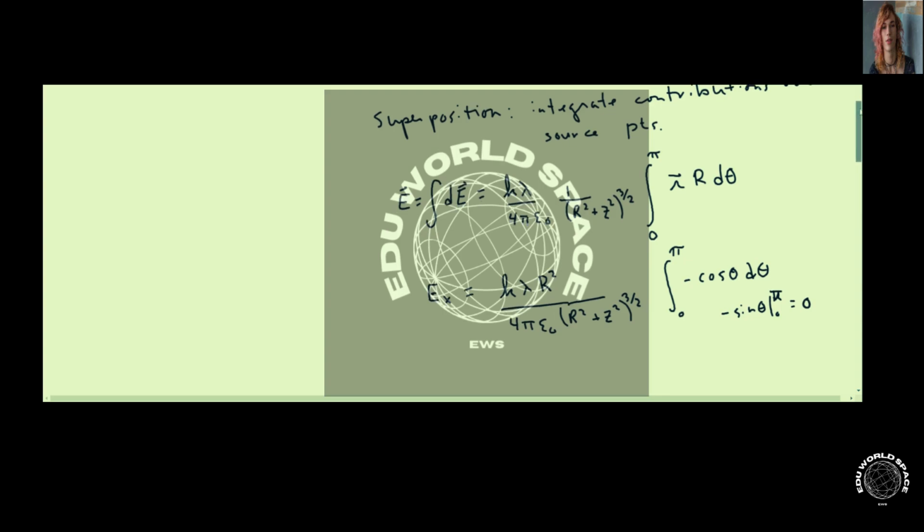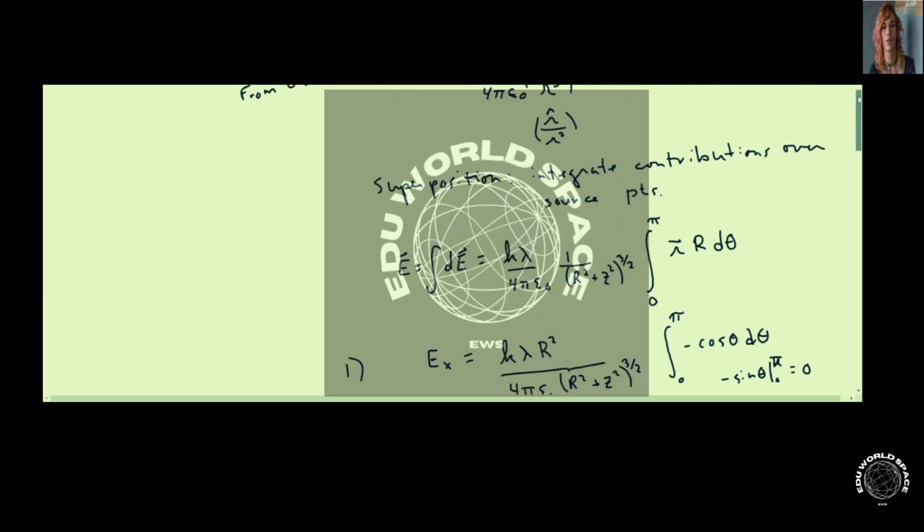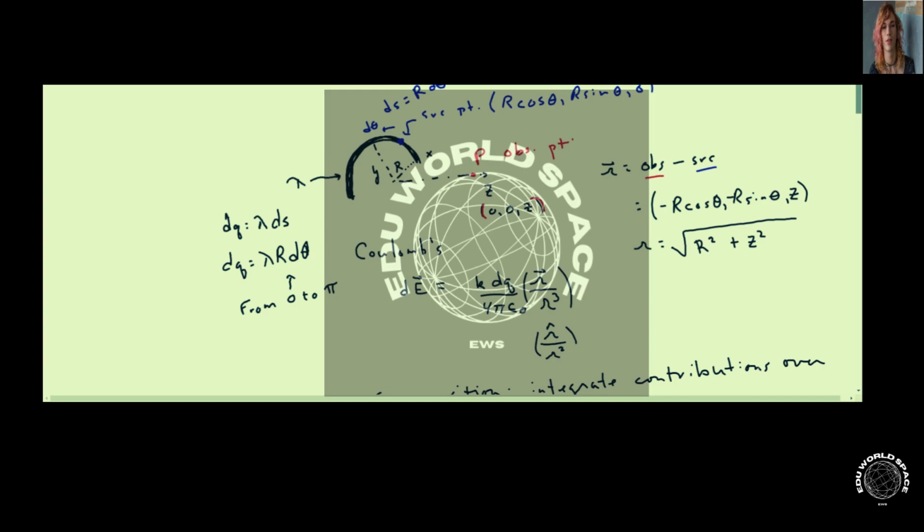And not too surprisingly, the x component of the electric field vanishes. We could have almost guessed that from the symmetry of the problem, that there's a positive source point on the positive x-axis balanced with one on the opposite side.